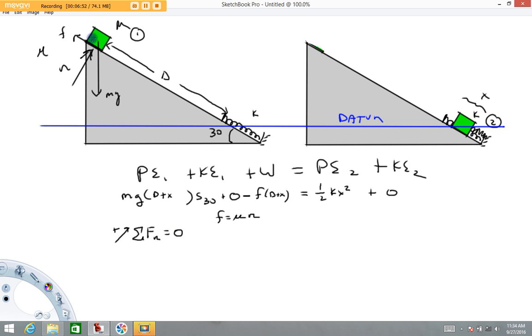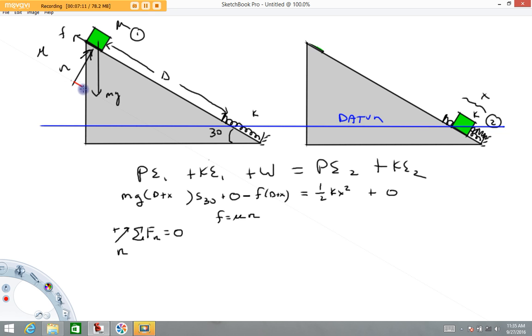Right? So we look at our free body, and we say, all right, the normal is obviously in the direction of the normal. The mg has components in the direction of the normal, or at least a component. I'm going to go ahead and draw the vector components for mg, and I'm going to draw these in red.